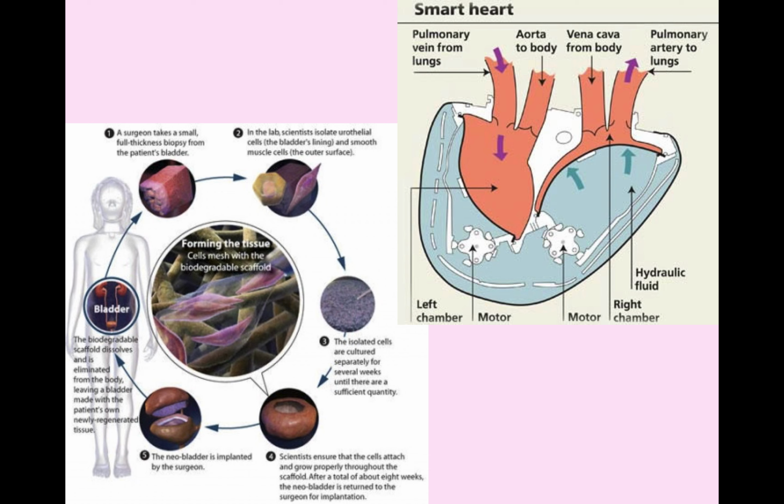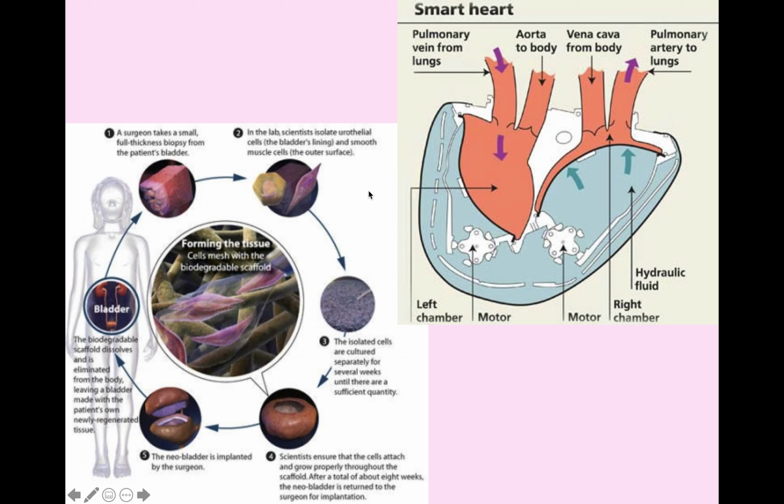On the outer look, the smart heart looks similar to our normal heart, but inside it is made of machinery. You can see that it still has a left chamber and a right chamber, but a motor is incorporated to replace the original equipment in the heart itself.